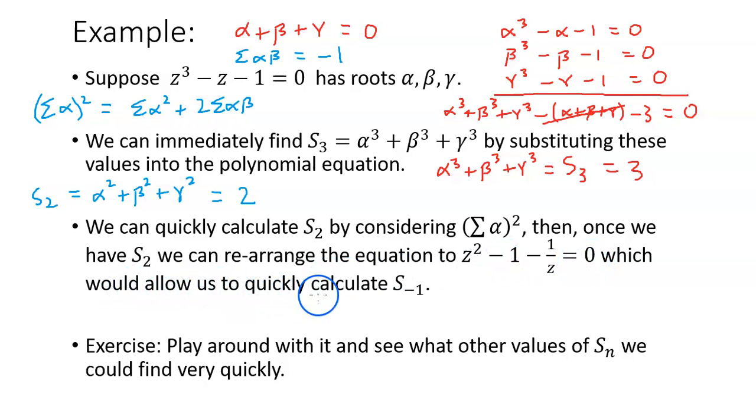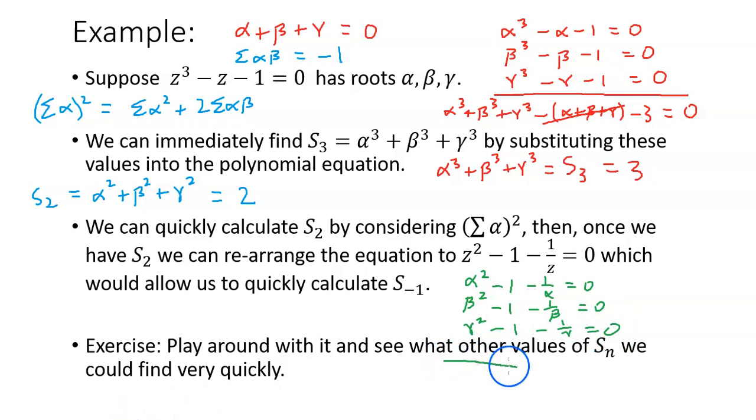And that quickly allows us to calculate S negative 1, because substituting the roots alpha, beta, gamma into this equation gives us alpha squared minus 1 over alpha equals 0, beta squared minus 1 over beta equals 0, and gamma squared minus 1 over gamma equals 0.